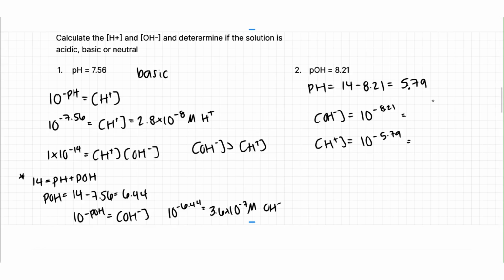The concentration of OH minus will be 6.2 times 10 to the negative 9th molar, and the concentration of H plus will be 1.6 times 10 to the negative 6 molar.